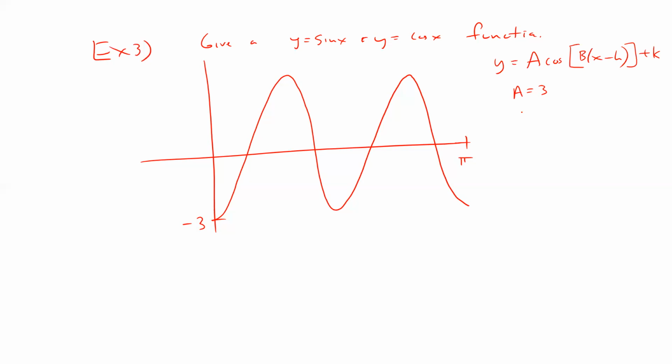Okay, and then we have this. This is fun. If I fill in the pi over 2, that gets me 1 full cycle here. So pi over 2 is equal to 2 pi divided by b, and you guys get to solve for b.